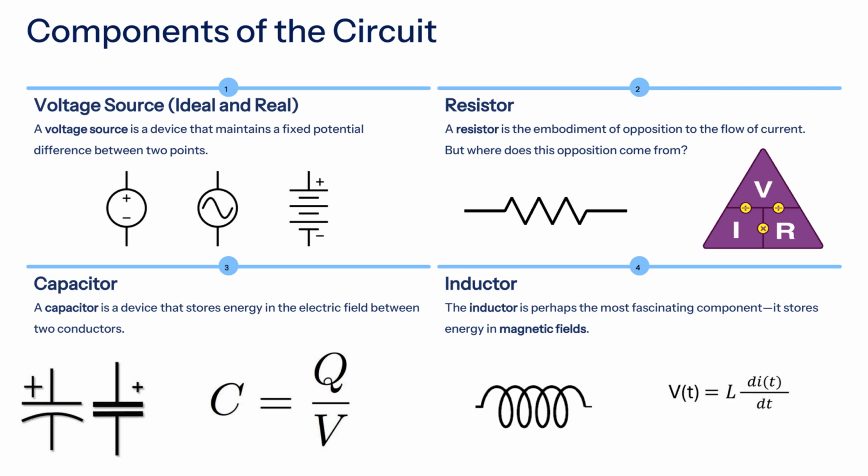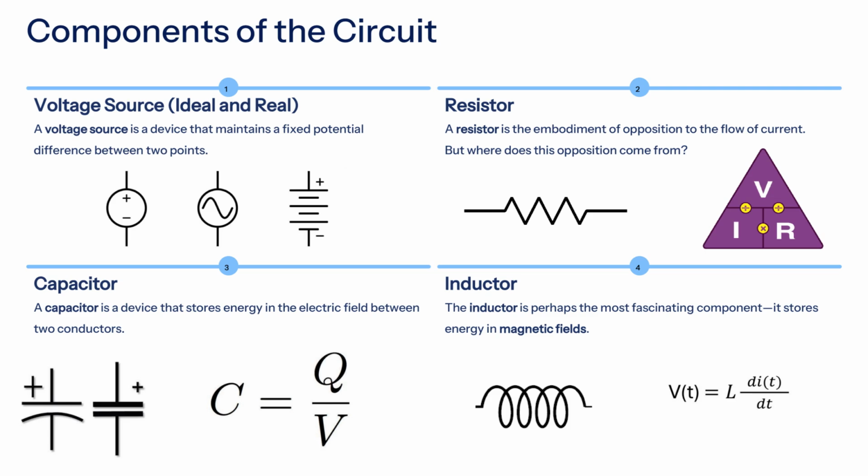Its fundamental law is Q over V equals C, which means the charge stored is proportional to the voltage applied. The proportionality constant C, the capacitance, depends on the area of the plates, the distance between them, and the dielectric material in between. Intuitively, a capacitor is like a spring for charge. It resists changes in voltage the same way a spring resists changes in displacement.